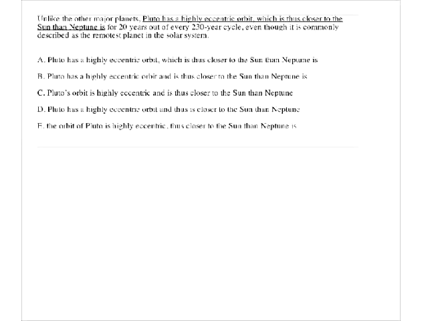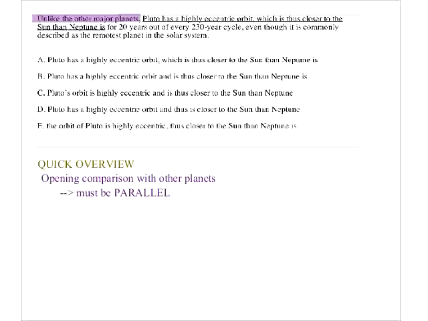Kinds of things you're looking at here. If you say, unlike the other major planets, that's an opening comparison with other planets. So you got to have parallelism. So that means you must be talking about planets.